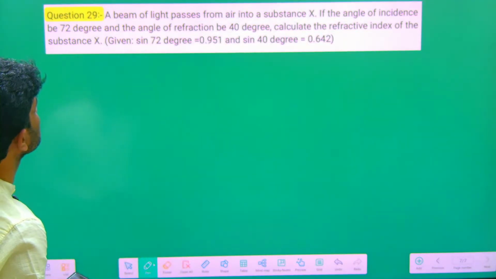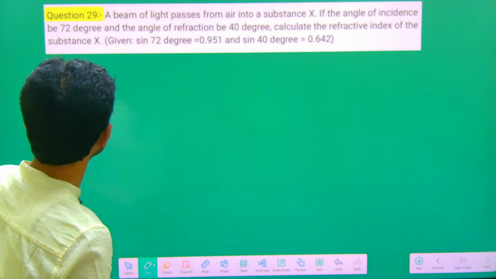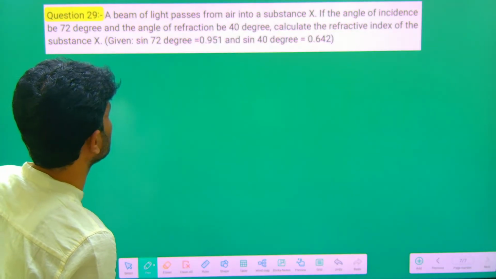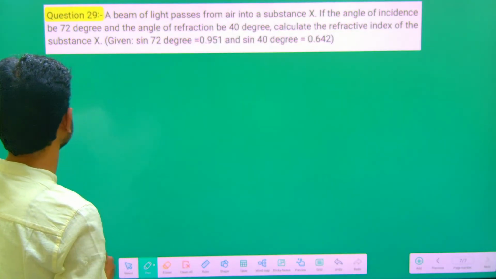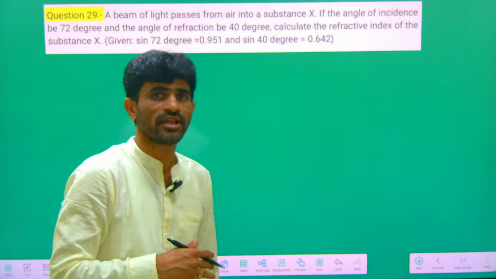A beam of light passes from air into a substance X. If the angle of incidence is 72 degrees and the angle of refraction is 40 degrees, calculate the refractive index of the substance X. So here clearly the angle of incidence and angle of refraction are given.